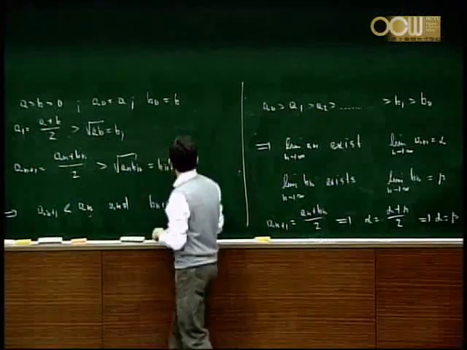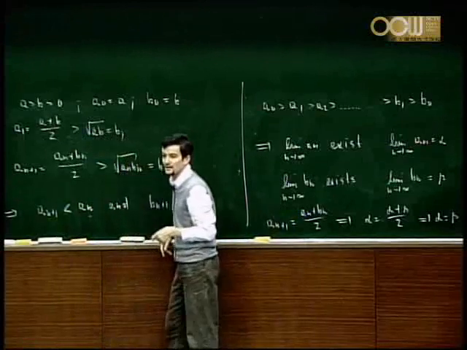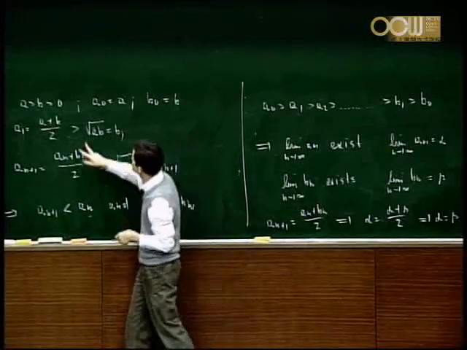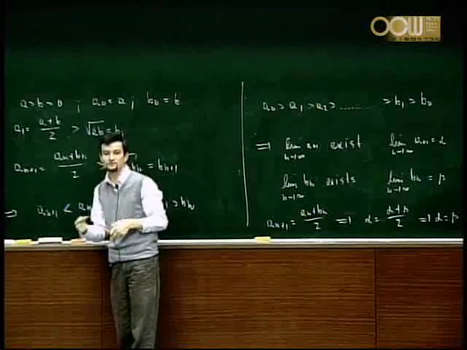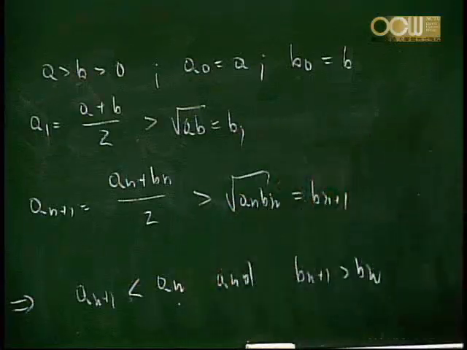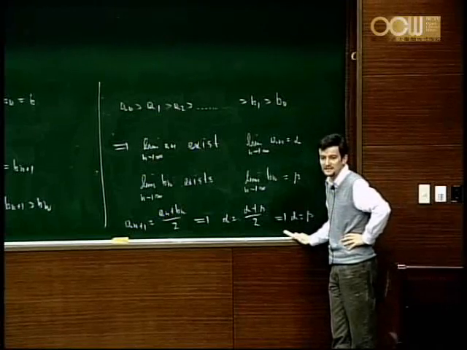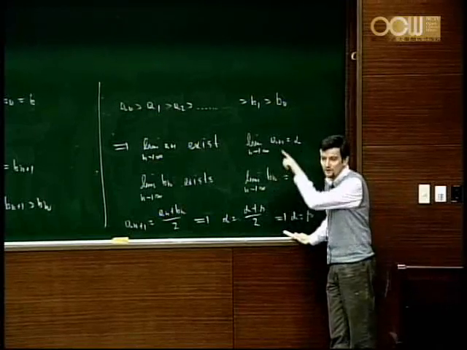The arithmetic means give a sequence which converges to one number, and the geometric means give a sequence which converges to the same number. This is one of the exercises in our textbook. This number was already considered by Gauss, and is called the arithmetic-geometric mean of the numbers a and b.